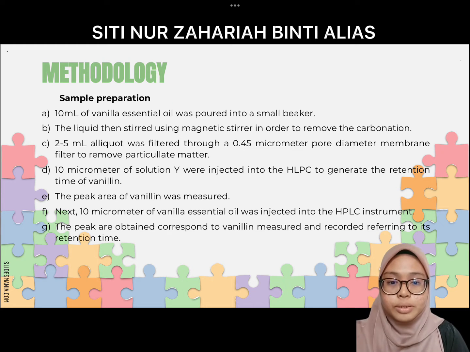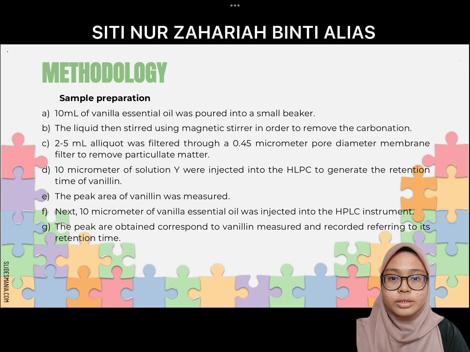Next, for the sample preparation, 10 ml of vanilla essential oil was poured into a small beaker. The liquid was then stirred using a magnetic stirrer in order to remove the carbonation. 2 to 5 ml of aliquot was filtered through a 0.45 micrometer pore diameter membrane filter to remove particulate matter. 10 microliters of solution Y were injected into the HPLC to generate the retention time of vanillin.